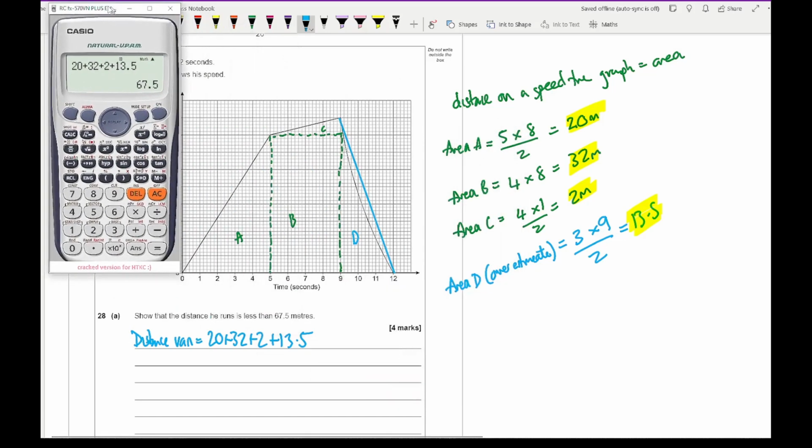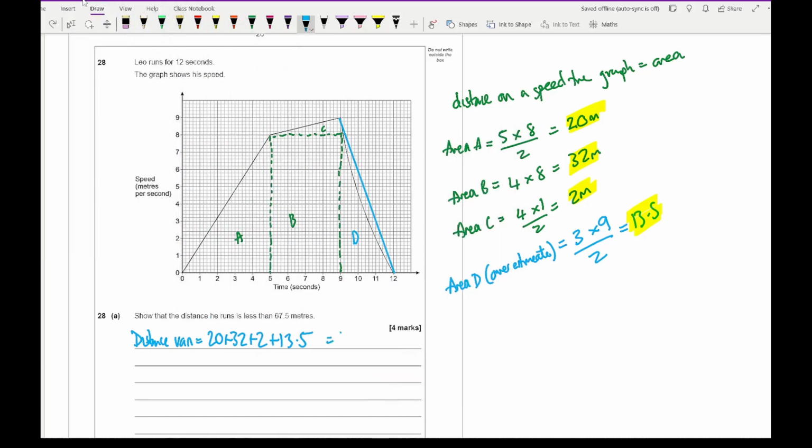So he has obviously run less, as we overestimated section D, or in other words, his last leg.